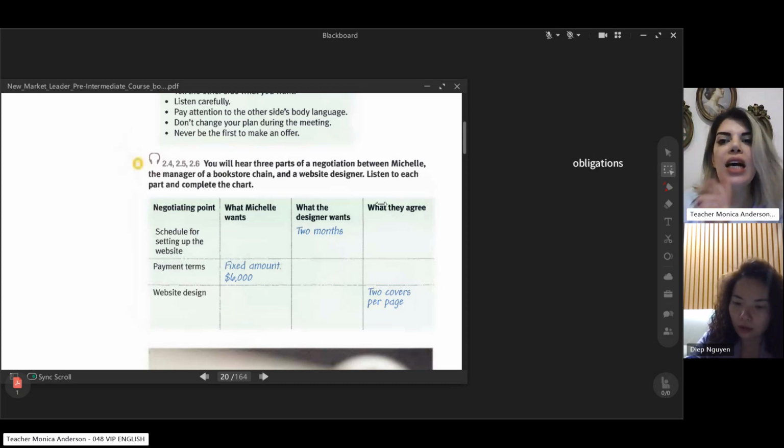Okay, the second one, payment terms, fixed amount, and what the designer wants.